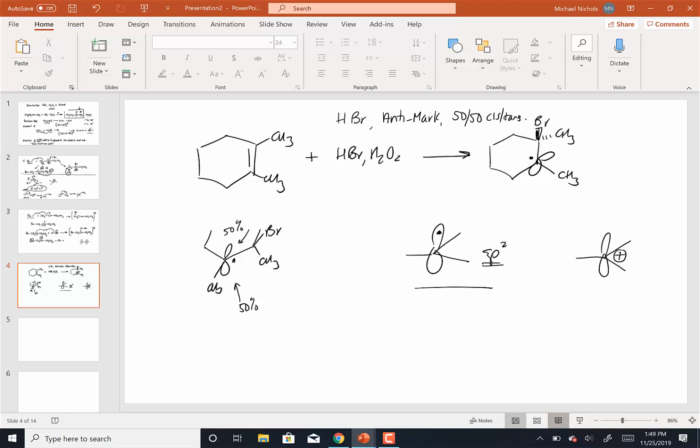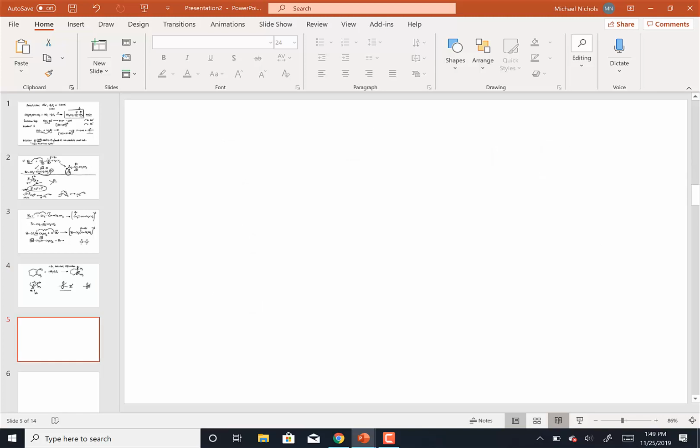But that's what we need right now, because the next topic is regio and stereoselectivity. And let me just introduce this, and then we'll do some examples of this. Tomorrow we may end up doing them when we get back, at least if nothing else, reviewing that.